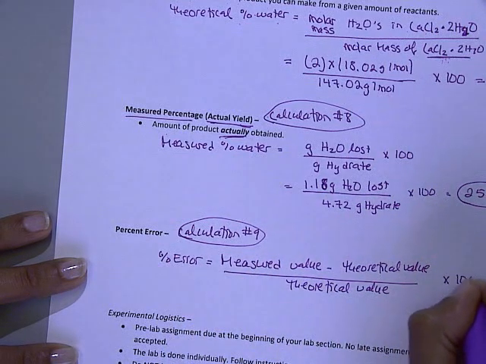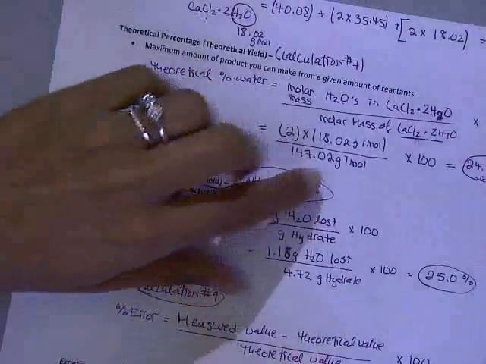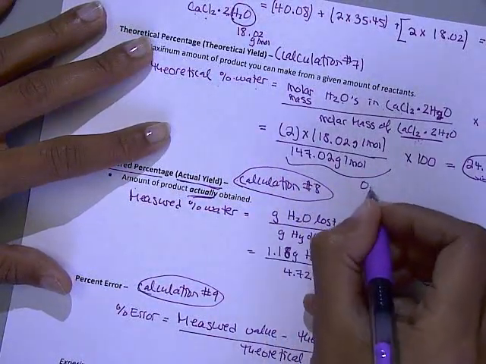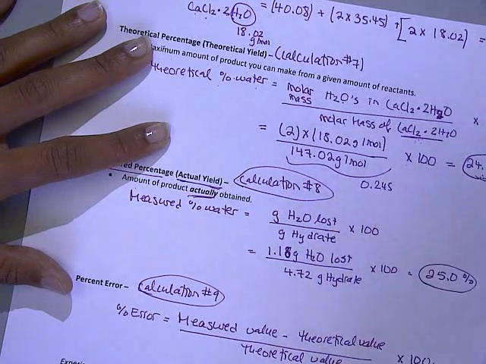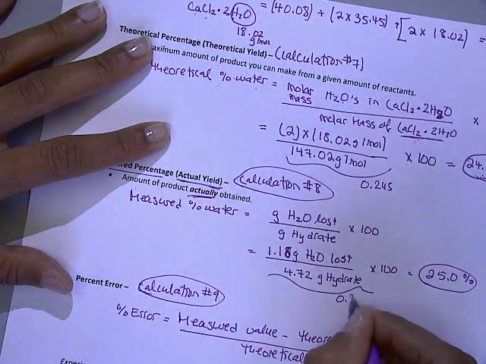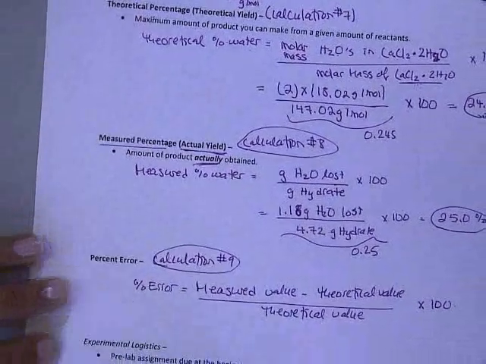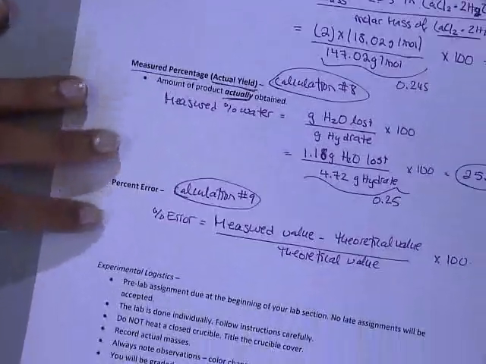And since we're trying to get a percent, times 100. Now I've skipped a couple steps here. You could first calculate this ratio, which is 0.245, then multiply by 100. Similarly, you can do that here, 0.25 times 100. So that's really pretty much it for this experiment.